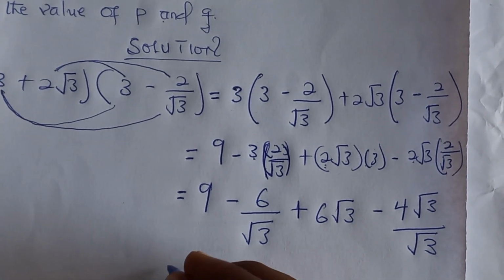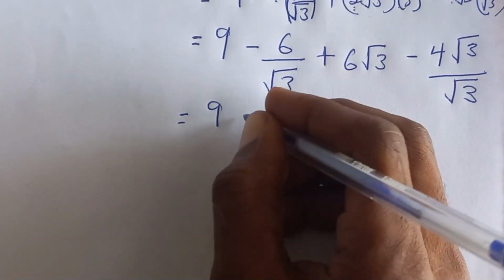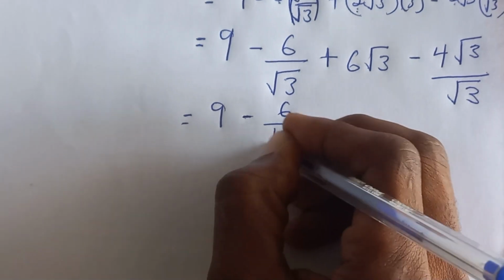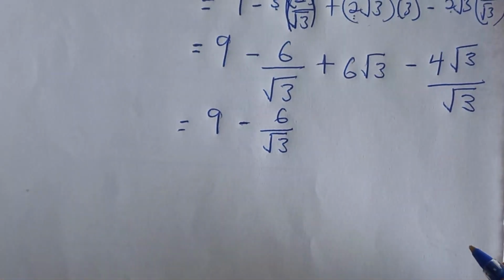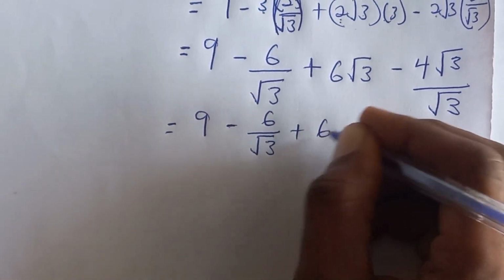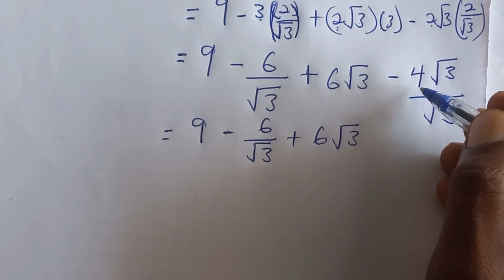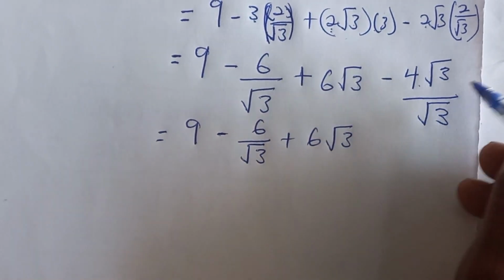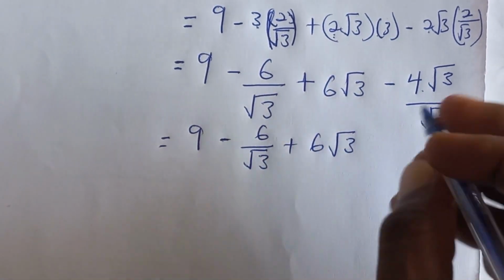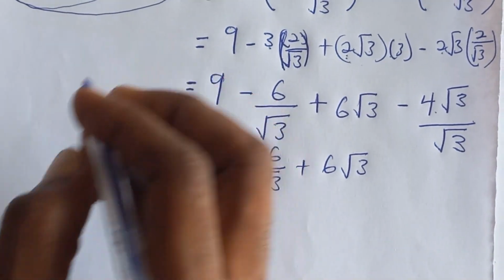So we are going to get our 9, then minus 6/√3, plus 6√3. Don't forget, we can bring the 4 out since it's multiplying. So this one, let's do some rough work here.